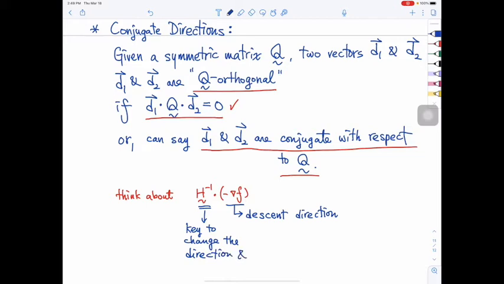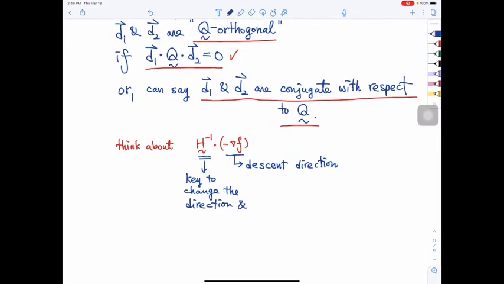And actually, it also changes the length of the vector. So inverse Hessian is very powerful. Not only does it know which direction to go, but it also knows how to change the length of your movement. You don't even need a coefficient in front.